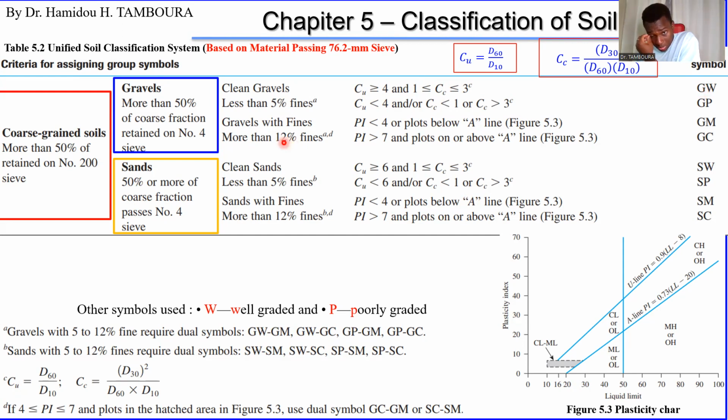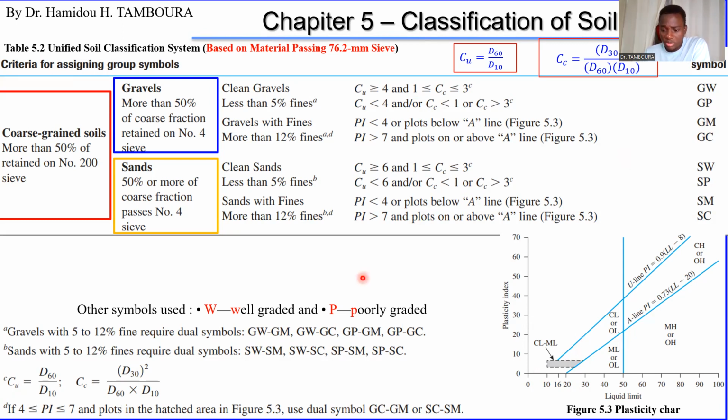That means you have to check this one. If you fall here, this condition, PI less than 4, or you plot below the line A, in that case, you have this one. In that condition, you have to do these 2 combinations. Okay, that is the meaning. Okay, I think this is okay.